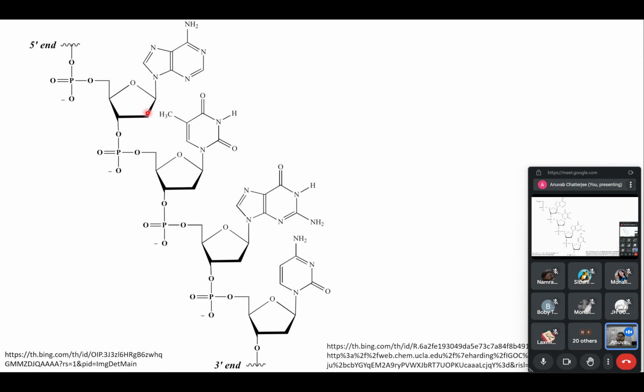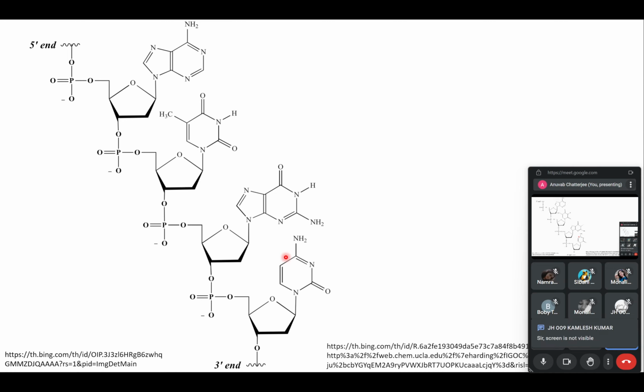Just to describe it a bit more, this has a phosphate backbone, has a pentose sugar in it, and a lot of nitrogenous bases. This would then be which polymer?